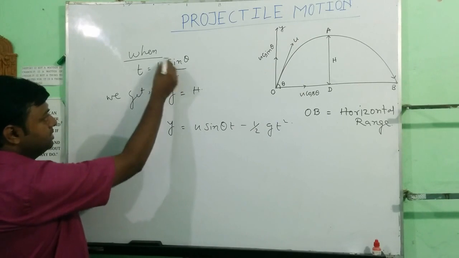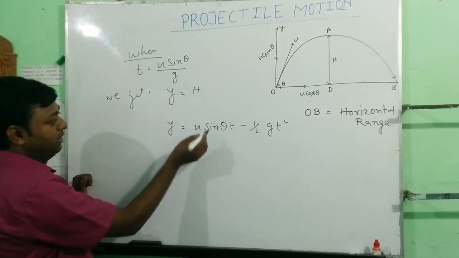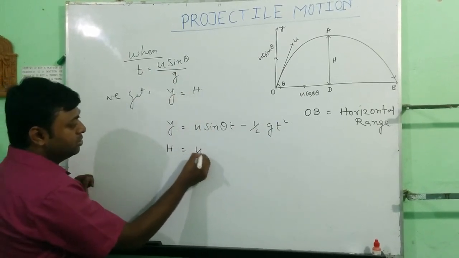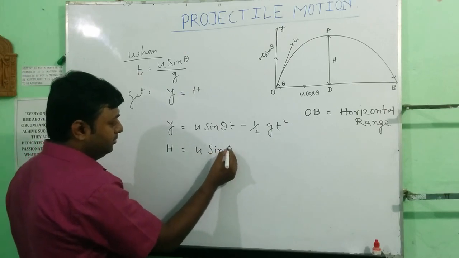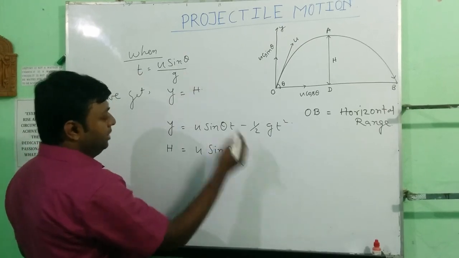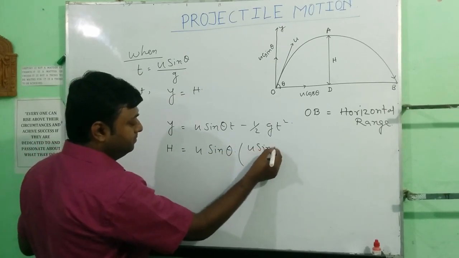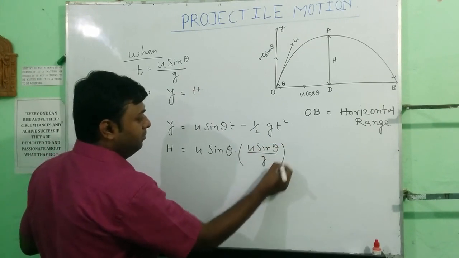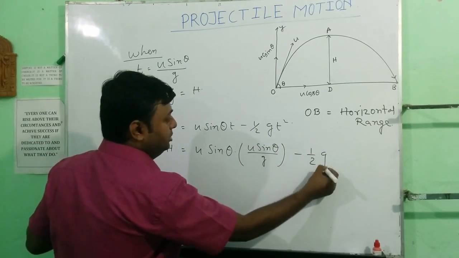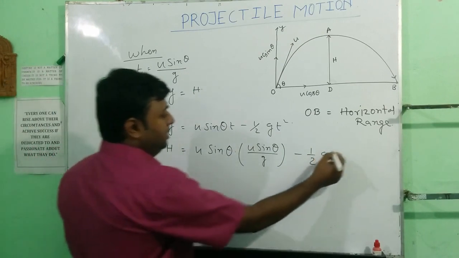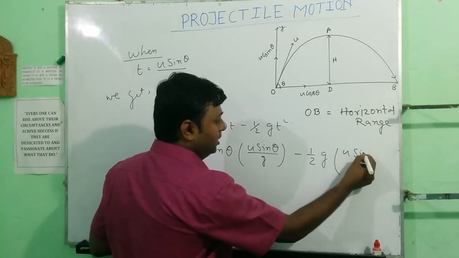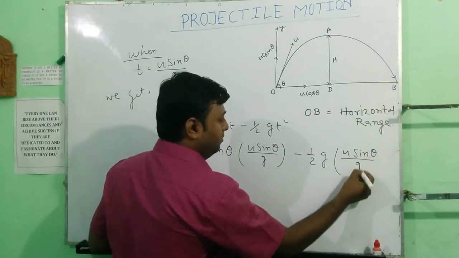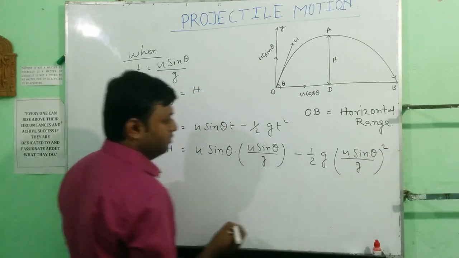When we put this value of t in the equation, h equals to u sin theta into the value of t, u sin theta by g, minus half g t square. t means u sin theta by g, then whole square.